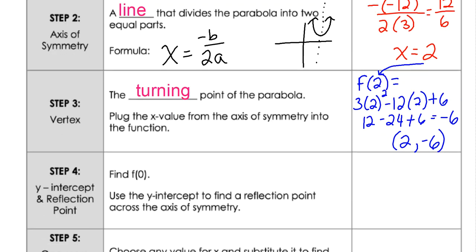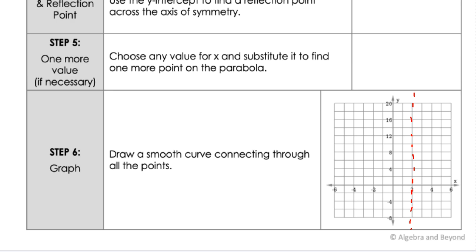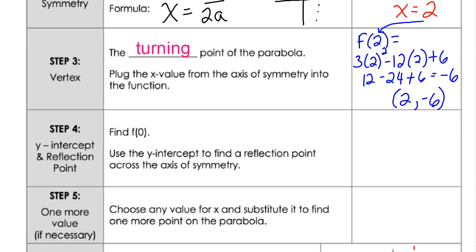Again, I'm going to use my graph to start plotting things. If I go over to 2 and go down to negative 6, I can put my vertex on the graph there. The vertex is just that maximum or minimum point on the graph. The next step is going to be to find f of 0. Remember, f of 0 is that y-intercept.